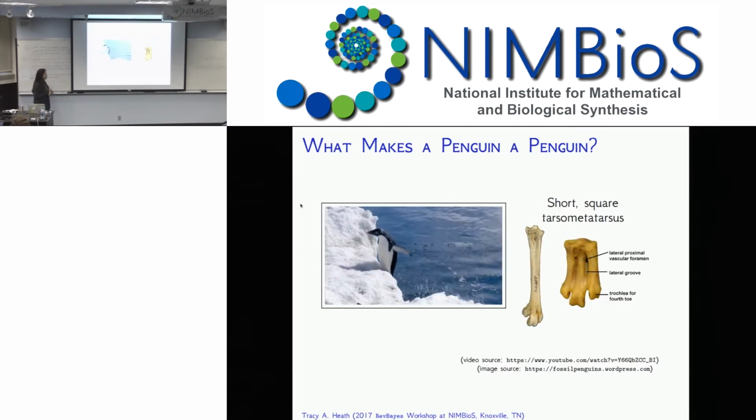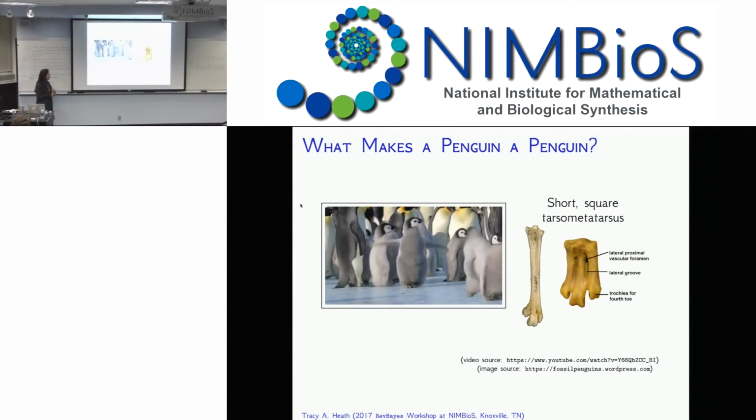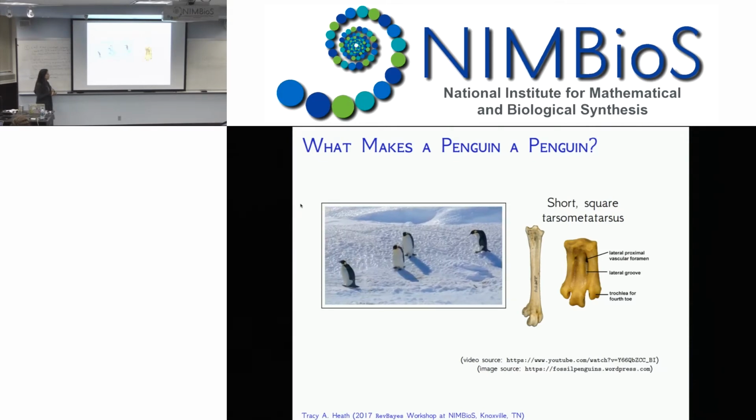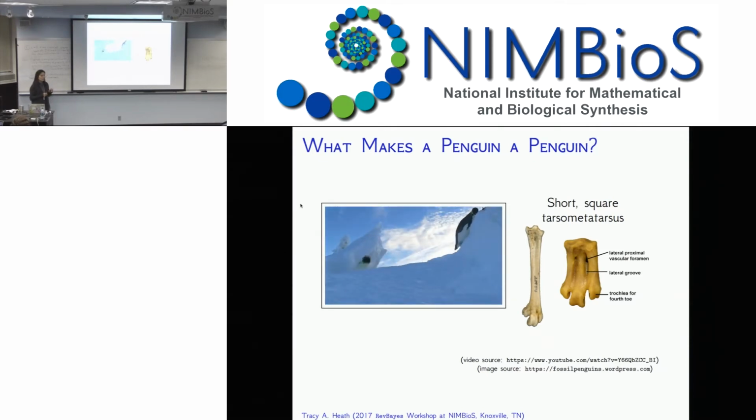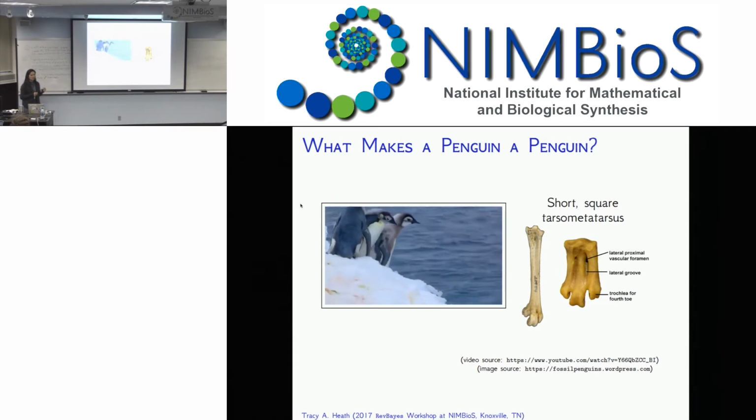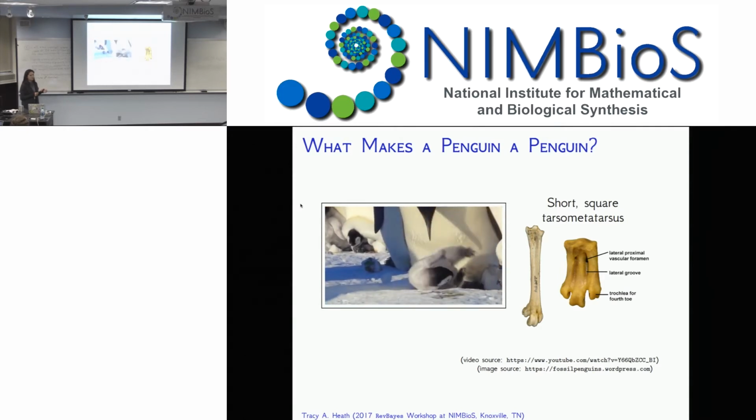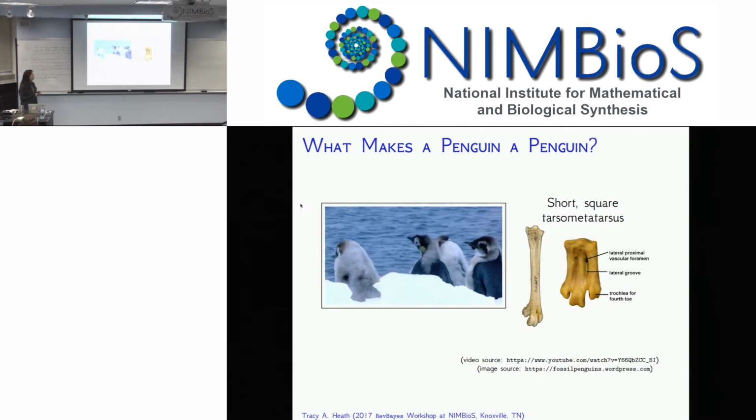Additionally, we see that penguins are really terrible at walking on land, and that's because they have this short, square tarsometatarsus. There's so many videos on YouTube called Penguin Fail of them just tripping, so it's really great.